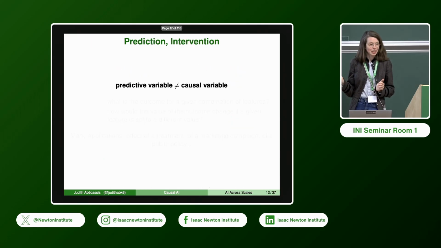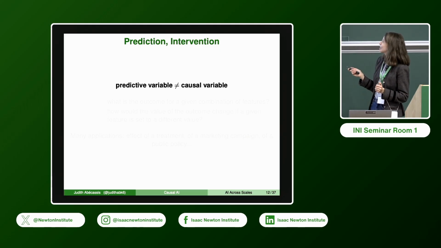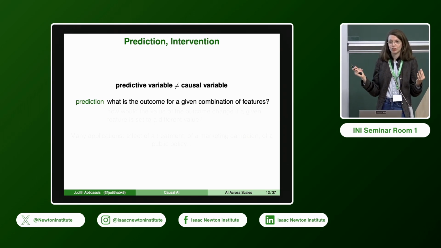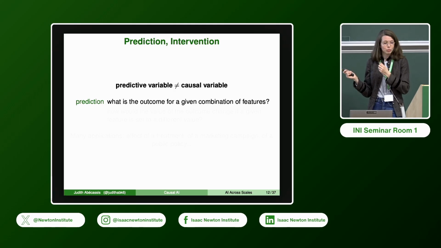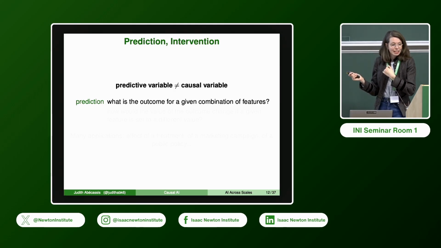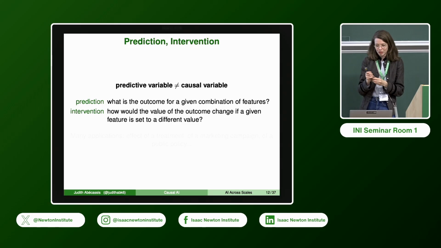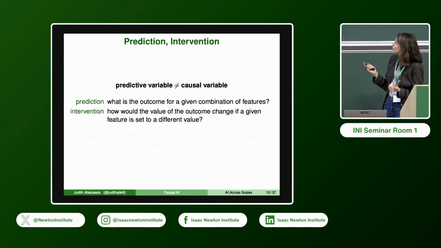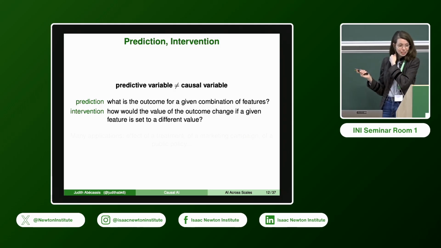So how to obtain them? We have to be really self-aware that a predictive variable is not a causal variable. So the prediction is what is the outcome for some combination of the parameters and the variables in reality. And causation or intervention, I'm going to mix the two a little, even if they are not exactly the same, would be how the outcome that I'm targeting is going to change for a different value of one of the predictive variables.